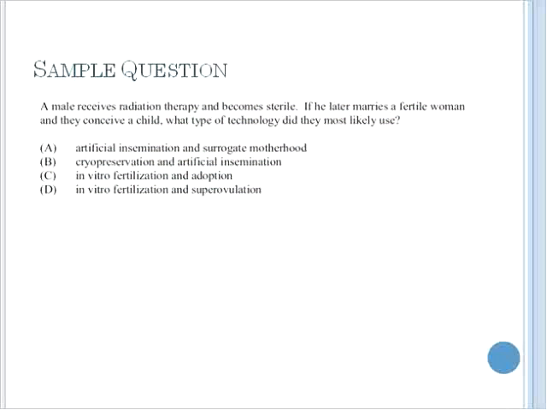This question reads, a male receives radiation therapy and becomes sterile. If he later marries a fertile woman and they conceive a child, what type of technology did they most likely use? Because the male is sterile, he is unable to produce sperm cells. Therefore, there must be donor sperm.